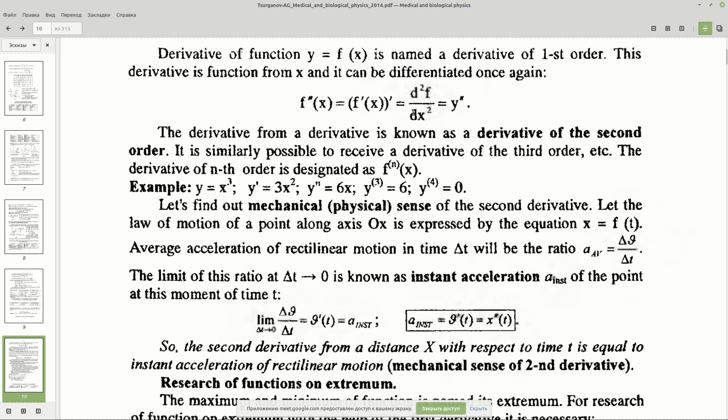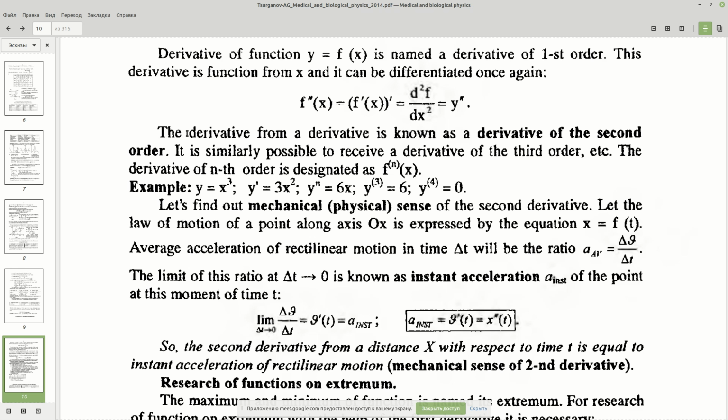If you have a derivative of a function of time, you could use a dot to denote the derivative. The first dot is the derivative of the first order, and the second dot is the derivative of the second order of the function of time. The derivative of a derivative is known as the derivative of the second order.